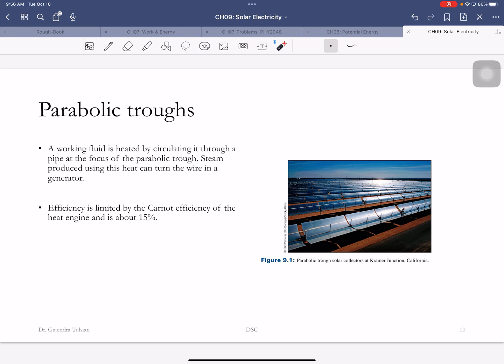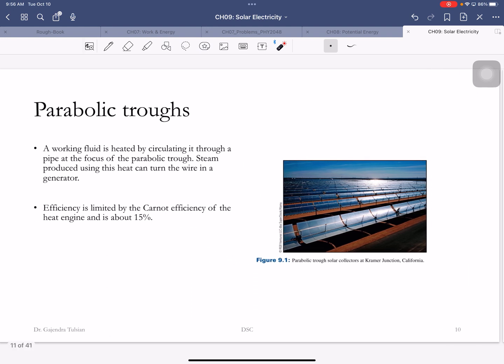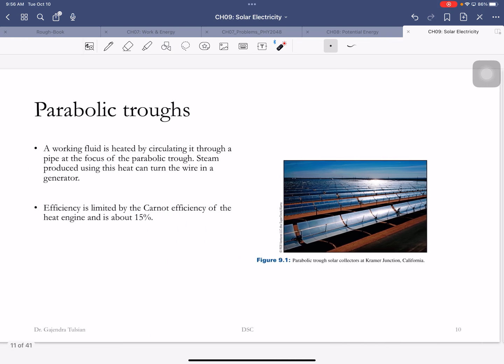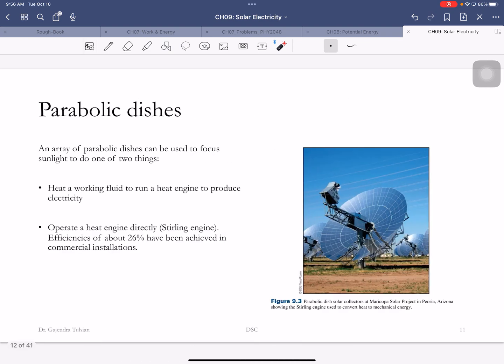You heat the fluid, produce steam, which turns that wire. And of course, the thing with these is the mirrors have to turn as the sun goes across the sky, and so on. This heat engine can operate at 26% efficiency.